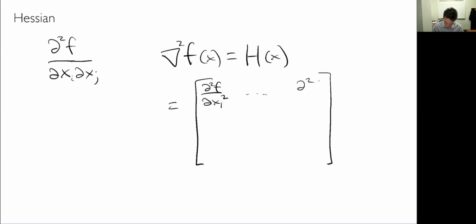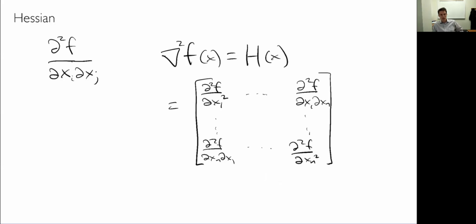This would be the second derivative of f with respect to x1, xn, the second derivative of f with respect to xn, x1, and then the second derivative of f with respect to xn twice, right? So basically every combination of the derivatives based on the dimensionality.